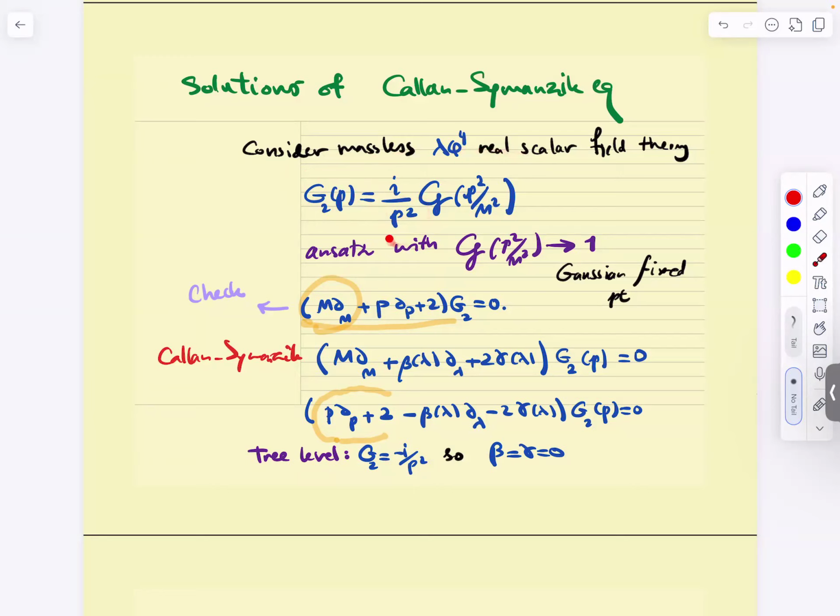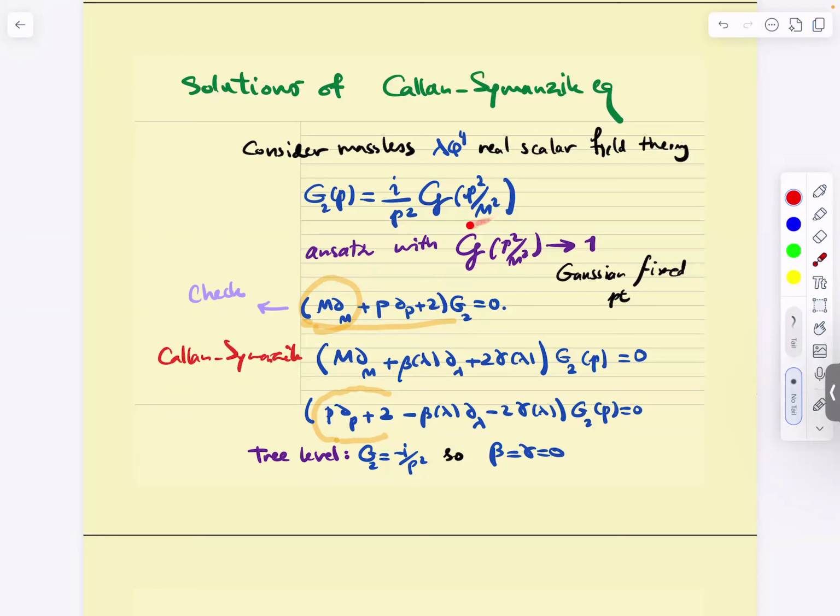The fact that it has to remain i over p squared is a statement that you don't want the pole shifted. But the residue can change, because the fields are changing. So, field normalization. But it will have to depend on p squared over M squared. Do you know why?